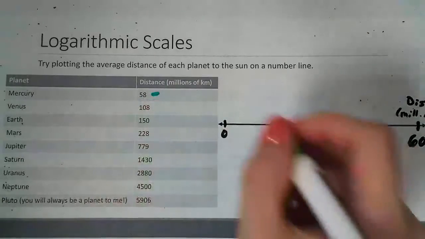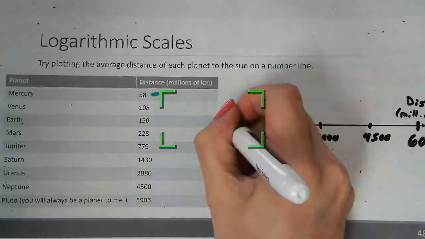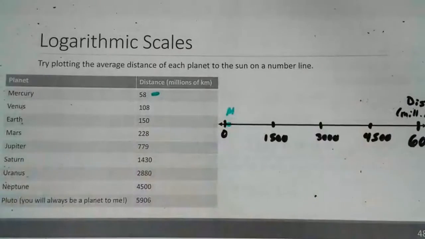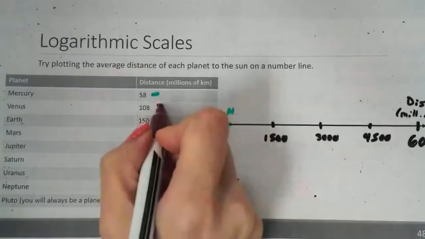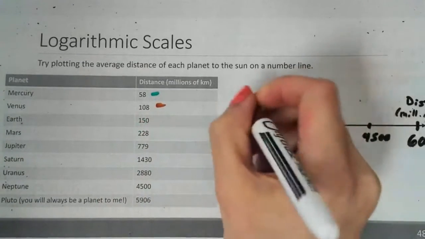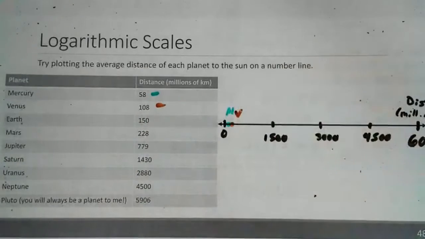First, we'll do Mercury, which is at 58. That's like way down here. Then we'll do Venus, which is at 108. It's going to be like right here, and it's probably even lower than that.